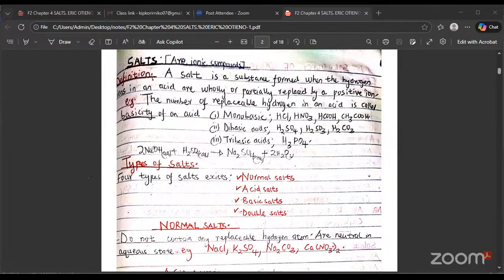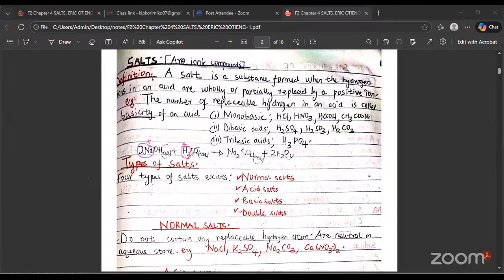I want you to see this one. This one is actually the positive ion in the positive, sodium in the positive, upper hydrogen is positive, and then the sulfate is negative.